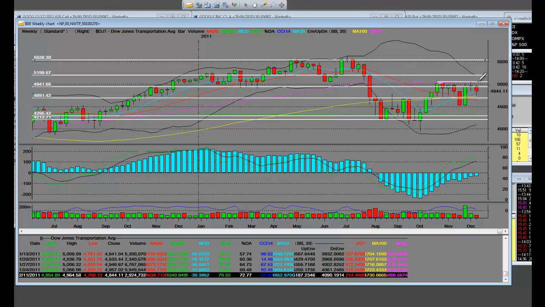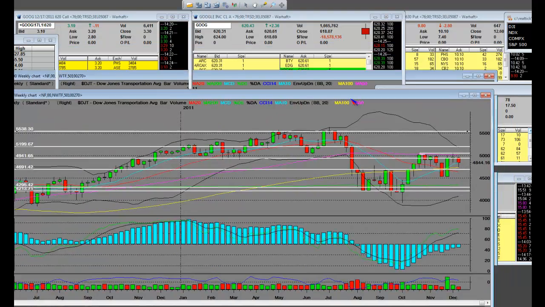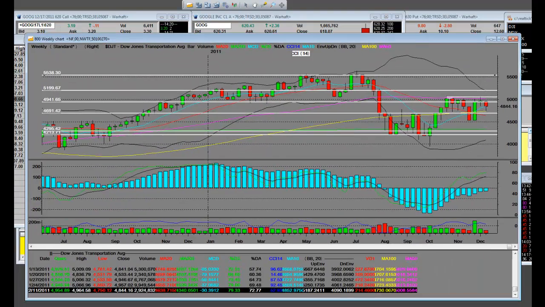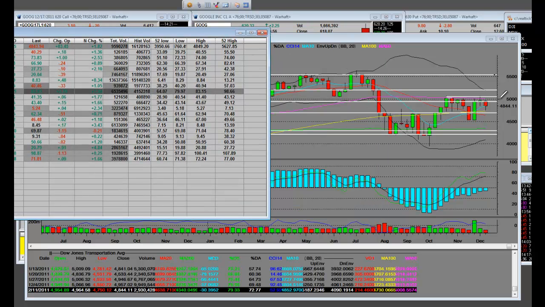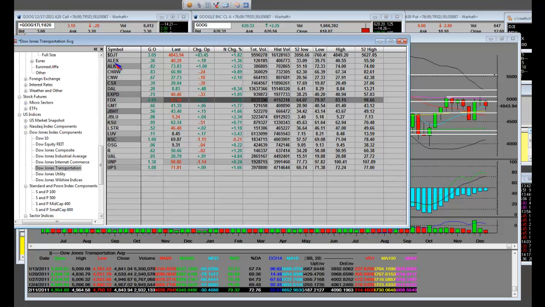There are other things that you can do. The leadership that I pointed out is every one of these candidates: if the transportation index is going to break below these moving averages, then that means there are two key stocks in this index right here that would be shorts as well.